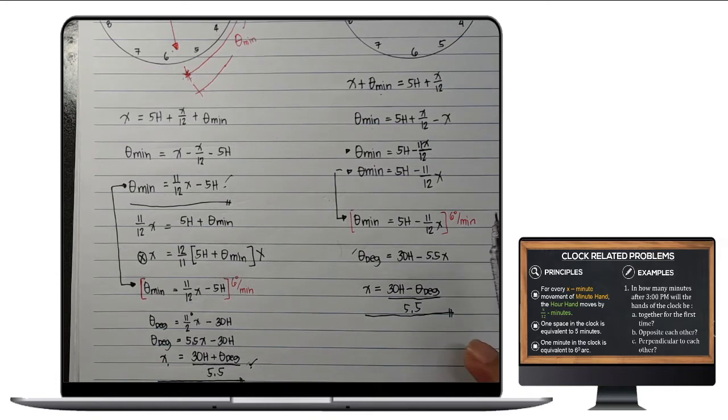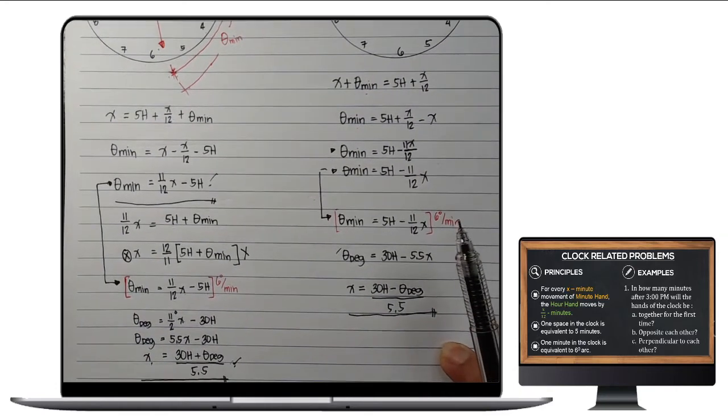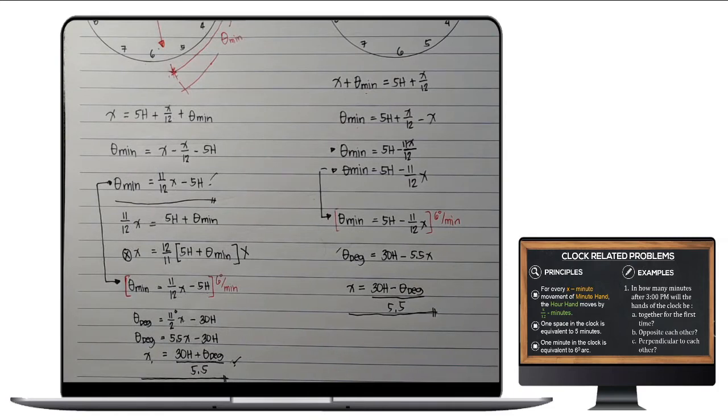Okay? So, with that, syempre, pag mag-figure tayo, malinaw sa atin kung sino ba yung mauuna. Mauuna ba si minute hand? Mauuna ba si hour hand? So, pwede nating sabihin na dapat tama yung ating sketch.